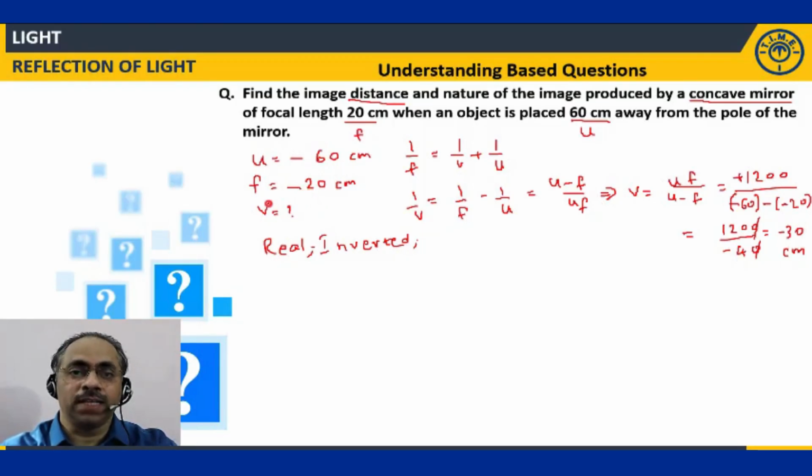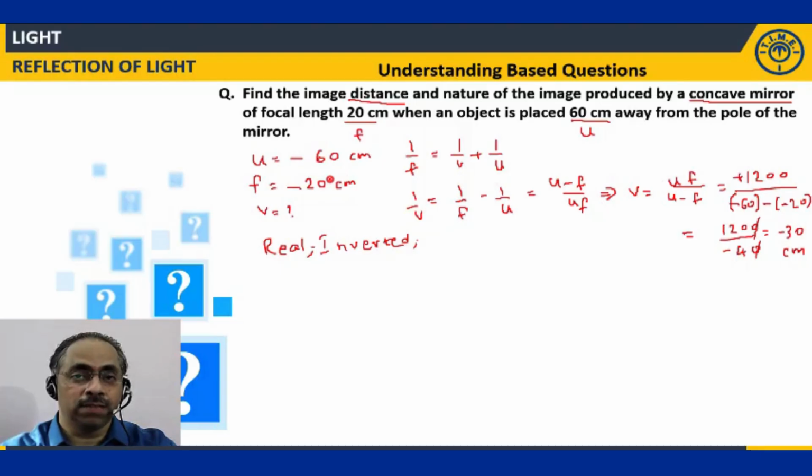Minus 20, so minus 40 will be the radius of curvature. So ignoring the negative sign, that is 40. Okay, but object is lying at a 60 centimeter distance from the pole. That means object distance is greater than the radius of curvature.